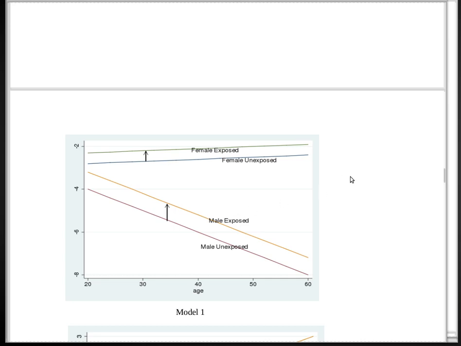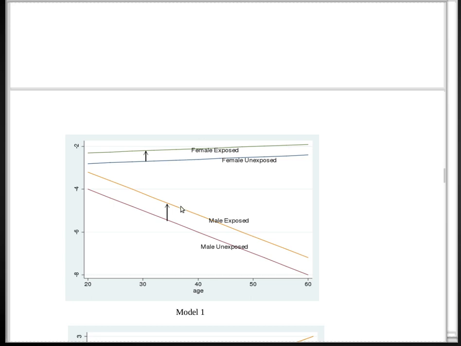What's that saying? It's saying that, well, first of all, let's take a look at it for the women. For the women, we can see that age does not modify because these differences do not depend. The difference between the green and the blue do not depend on age for the women. That says that age does not modify for the women.